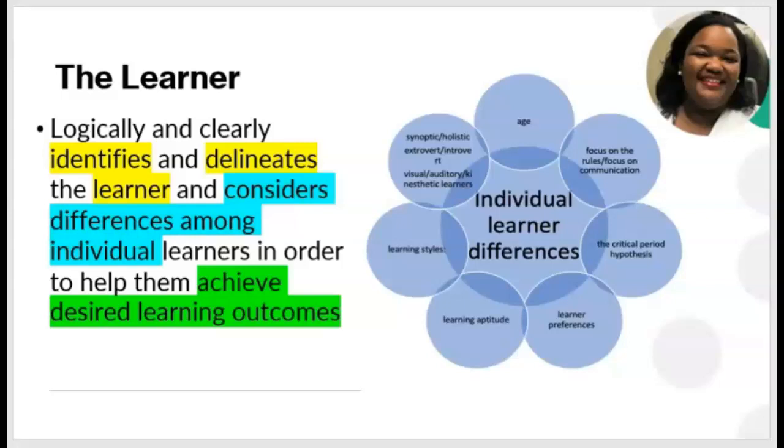Are they an introvert, extrovert? Are they holistic or synoptic? What type of person is he or she, or them or they? So that you're able to move in a rhythm where the learner is placed in a position to be successful. So that is the differences.